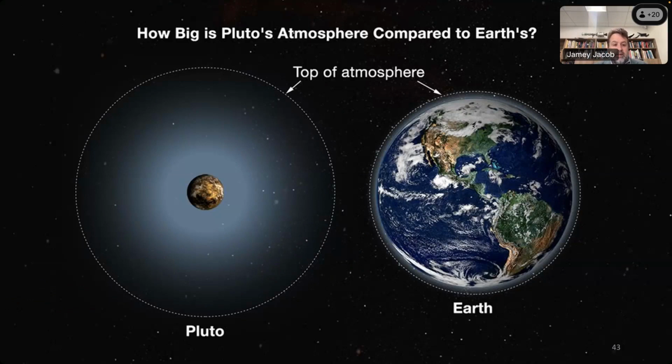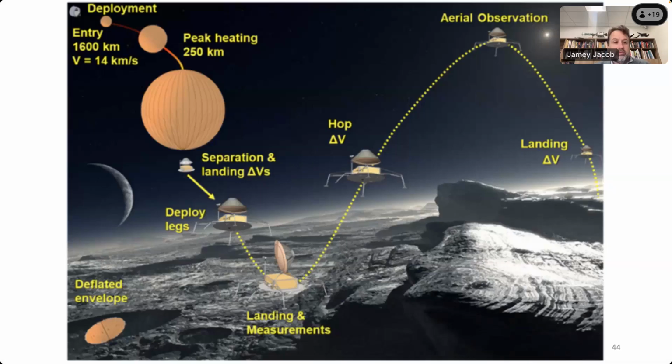Well, the idea then was, if we can use the Earth's atmosphere as a way to decelerate spacecraft, maybe we could do the same thing with Pluto's atmosphere. So we develop essentially a giant balloon that would deploy as your spacecraft approaches Pluto.